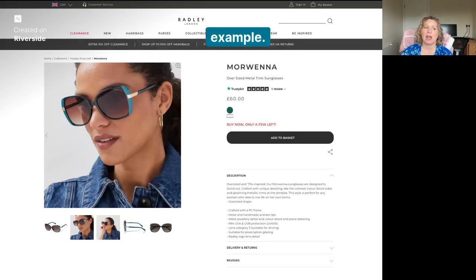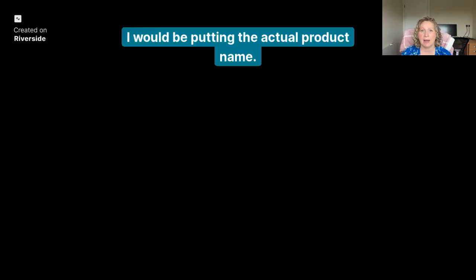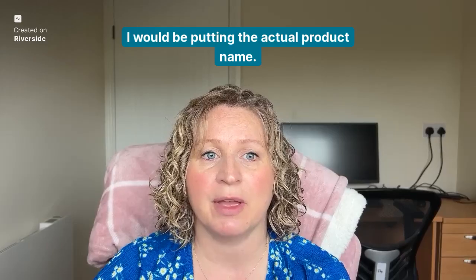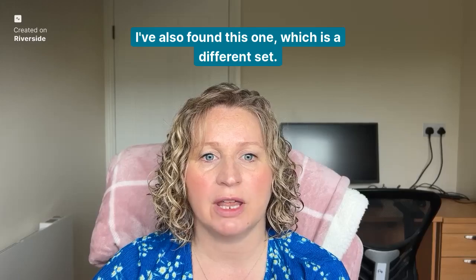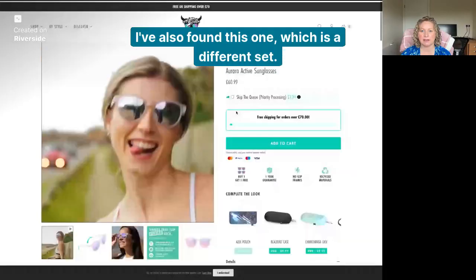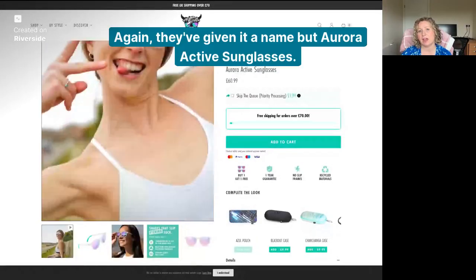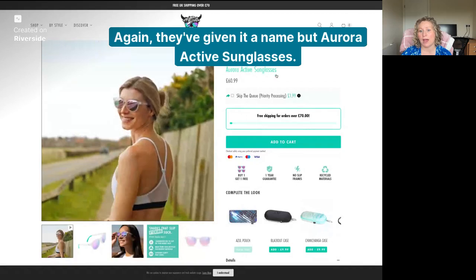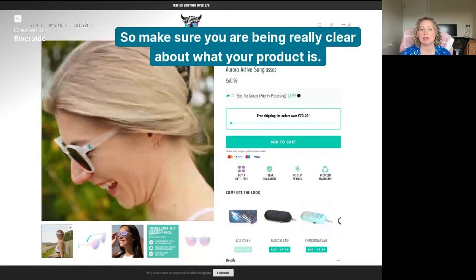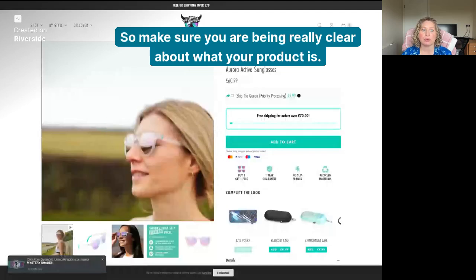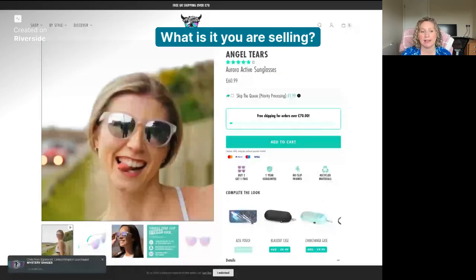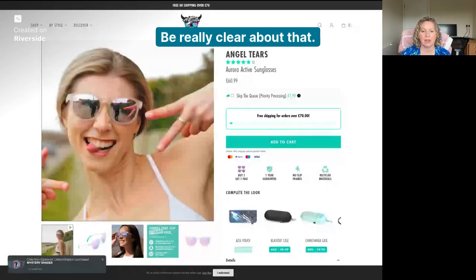For example, I would be putting the actual product name. I've also found this one, which is a different set. Again, they've given it a name, but Aurora Active Sunglasses. So make sure you are being really clear about what your product is. What is it you are selling? Be really clear about that.